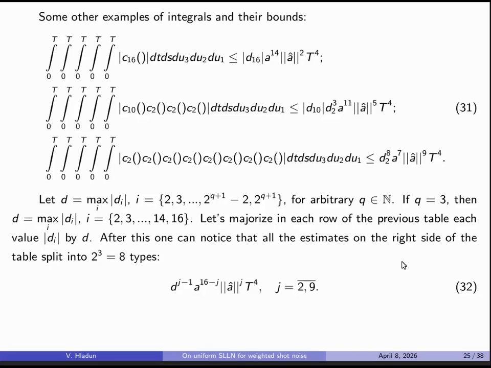After this, one can notice that all the estimates on the right side of the table split into 8 types, that are given by formula 32.